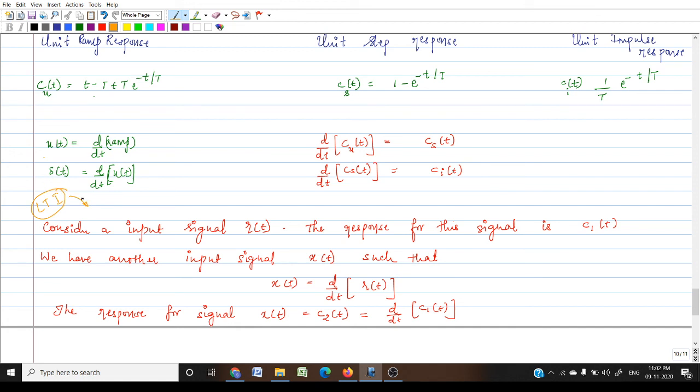If you go for a linear time varying system or a non-linear system, this statement will no longer hold good. Only for a linear time invariant system can we come to this conclusion.